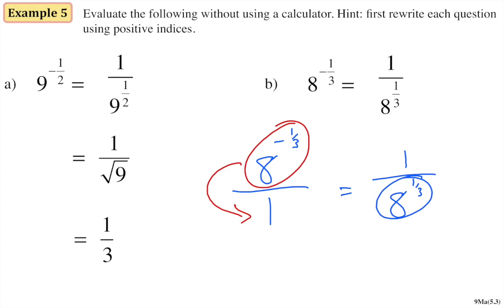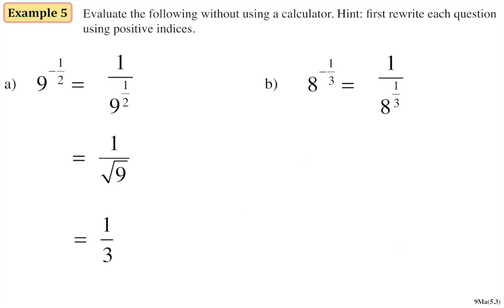Well, we know that because it's a fraction power, we're going to introduce a surd sign. What's sitting on the bottom out the front? A 3. So 8 to the power of 1/3 is in fact the cube root of 8, which we can see here. What is the cube root of 8? 2 times 2 times 2 gives 8. The cube root of 8 is 2. So this answer works out to be a half.